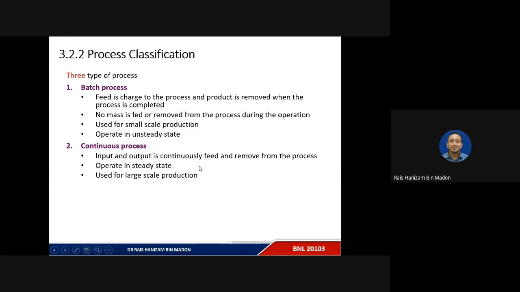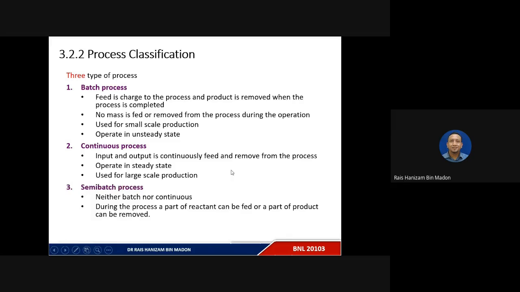Nowadays, a few biodiesel productions already use continuous process, which is CSTR, continuous stirred tank reactor. Example, continuous biodiesel production is at Pulau Keri under Sendabi. So in there, they are using continuous process.